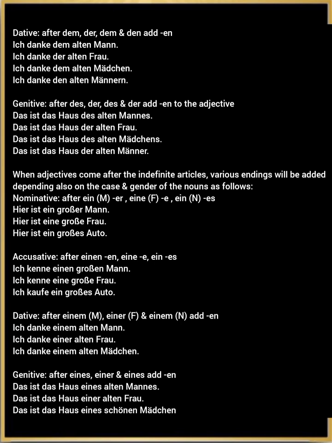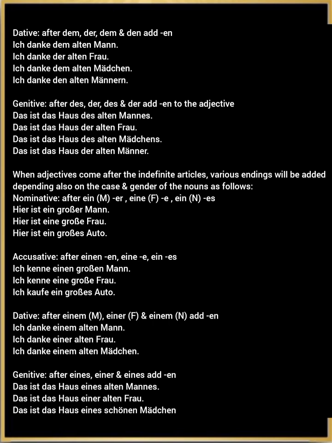This is the house of the old lady. Then I have, das ist das Haus des alten Mädchens. Then lastly, das ist das Haus der alten Männer. So you're seeing in genitive, after des, der, des, and der plural, we are adding en to the adjectives, almost like in dative, okay?